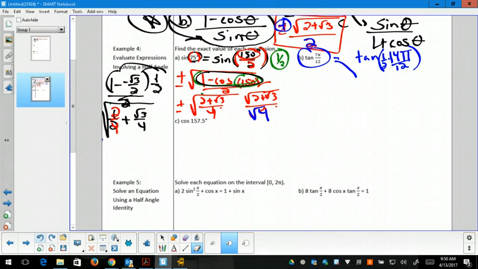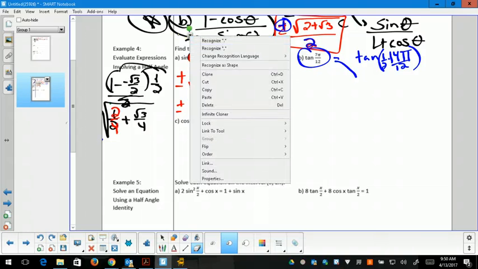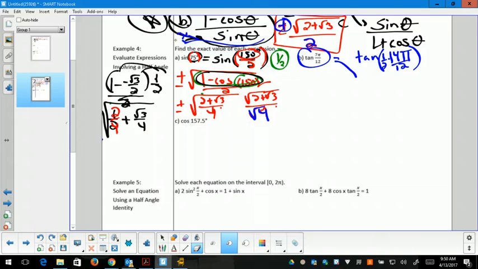Unfortunately, 14 pi over 12 is not on our unit circle either, but I can simplify it. It's more than 1 pi, right? I could use 7 pi over 6, which is on our unit circle. So for tangent, again, I prefer to use this rule right here.